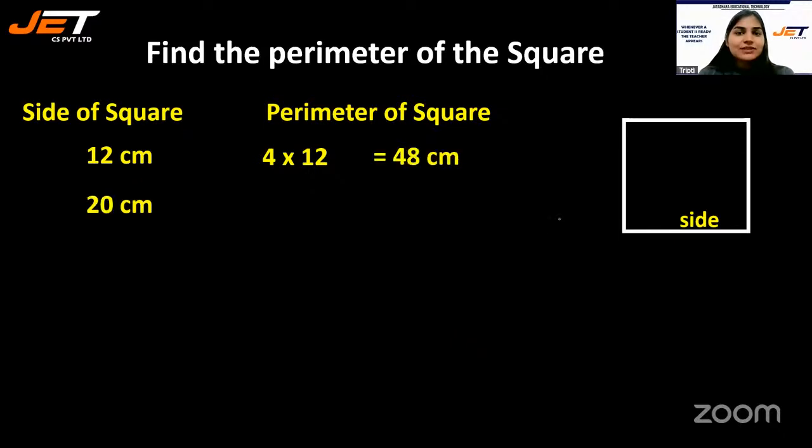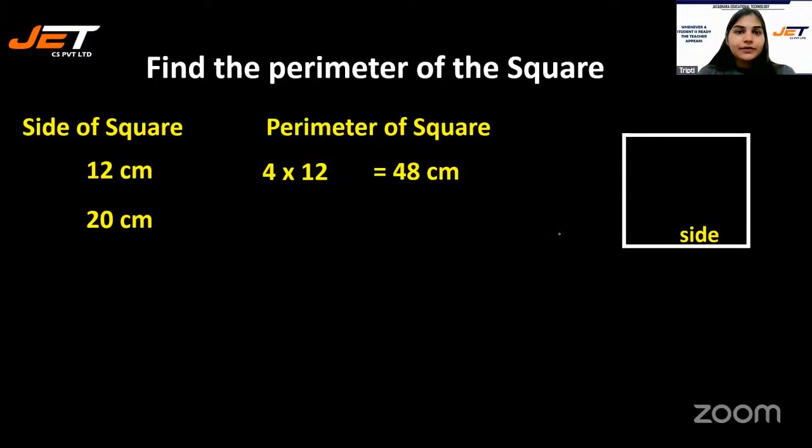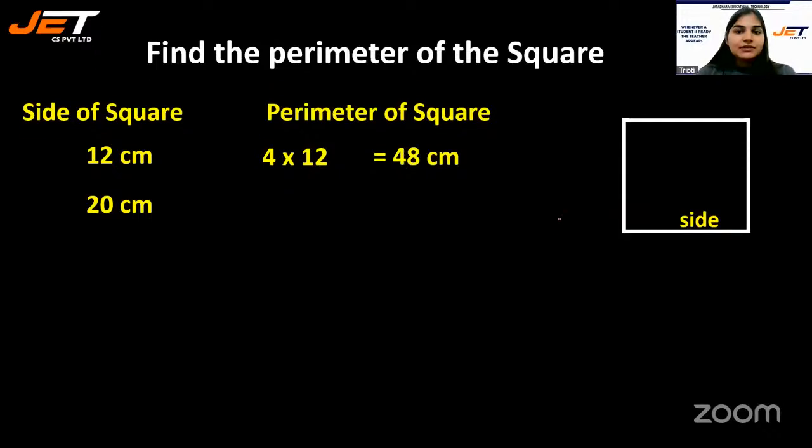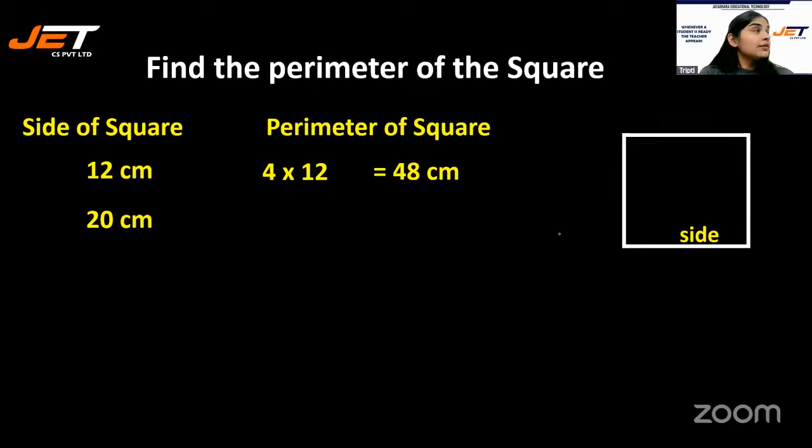20 centimeters is the side of the square. 4 times 20 you have to do.